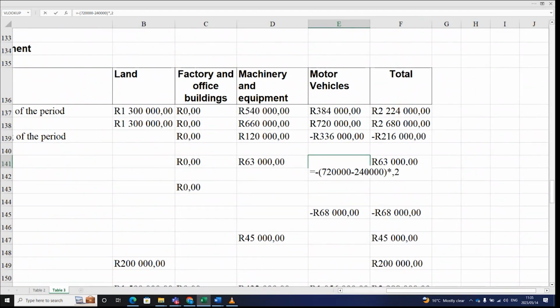So that's the depreciation of the remaining assets for the current year.